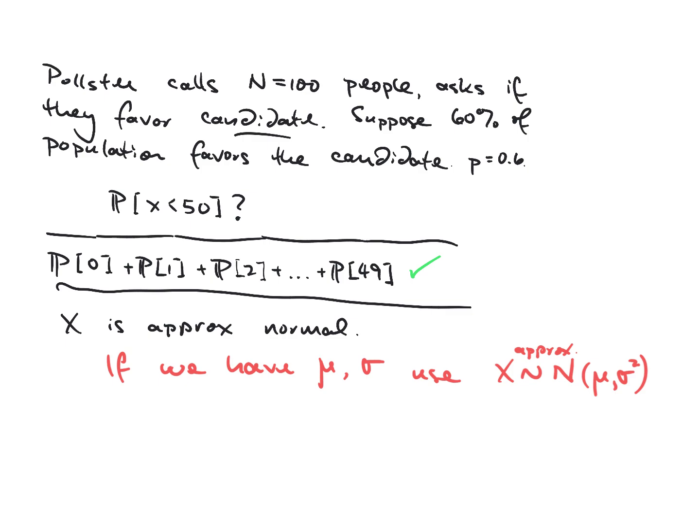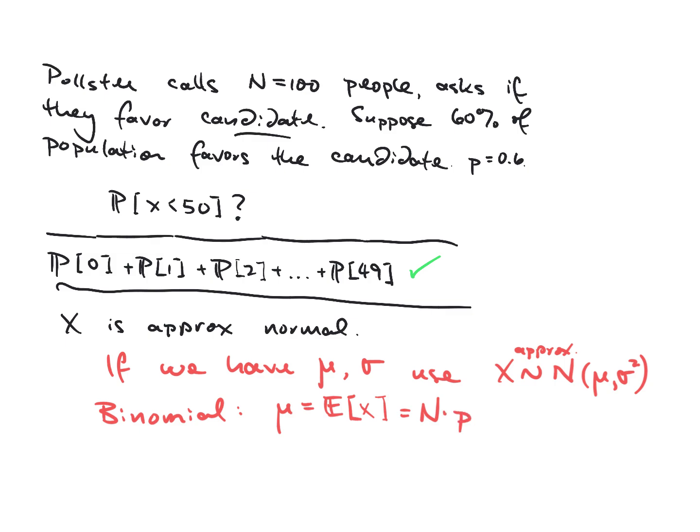But we need mu and sigma. Well, we go back to the formulas that we have, not for the normal, but for the binomial. For the binomial, mu, that's the expected value, is n times p.